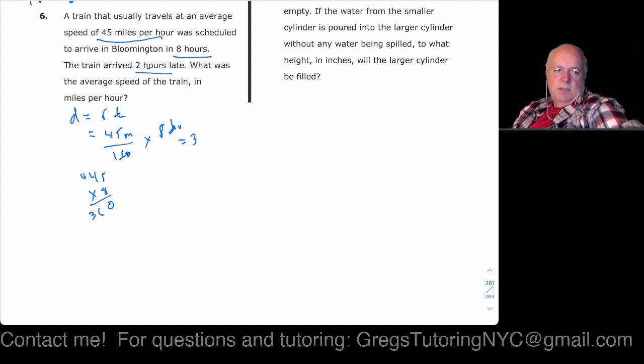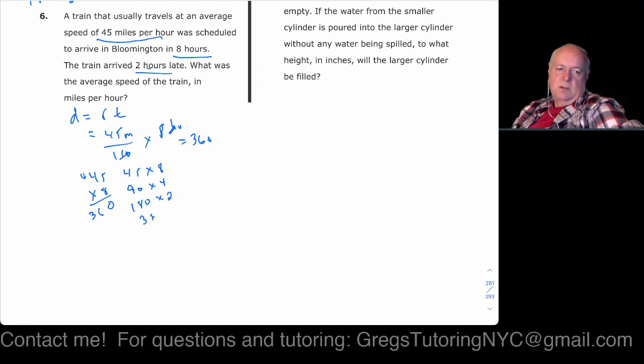I can double check this because if it's 45 times 8, if I double the 45 and get 90, I'm going to halve the 8 and get 4. And I'm going to do that again. I'm going to double this and get 180, and I'm going to halve that and get 2. And I'm going to do it one more time, as basically 360 times 1.